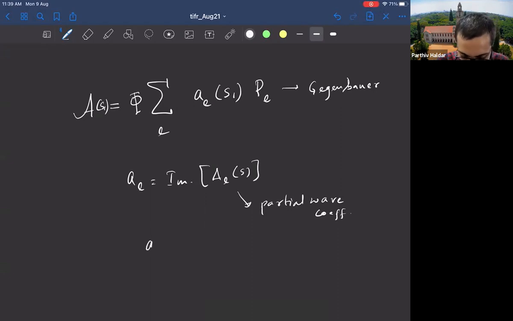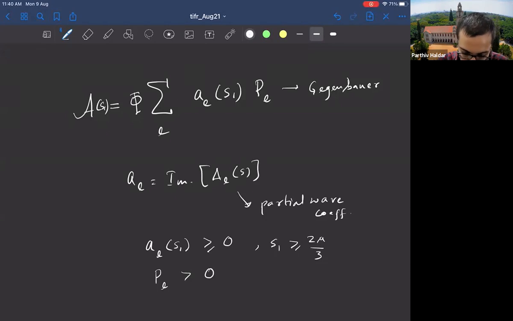So unitarity manifests itself in the form that this AL S1 turns out to be non-negative for S1 2 mu by 3. Also, in the given range of A and S, this PL is positive too. That is of paramount importance.